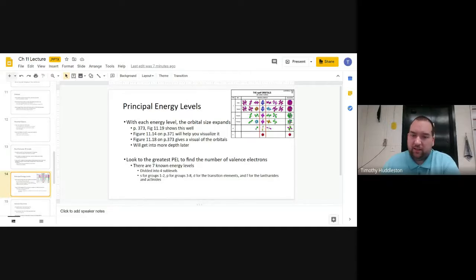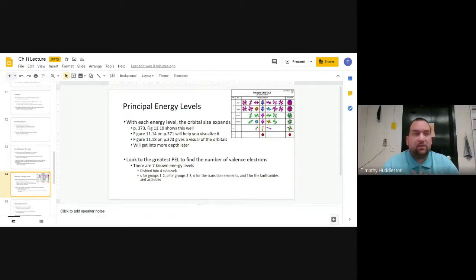Look to the greatest principal energy level, and you'll find the number of valence electrons. Valence electrons are the electrons on the outermost shell of your atom. So if I was dealing with anything in row 3, or principal energy level 3, I would look there to find out how many electrons I have.